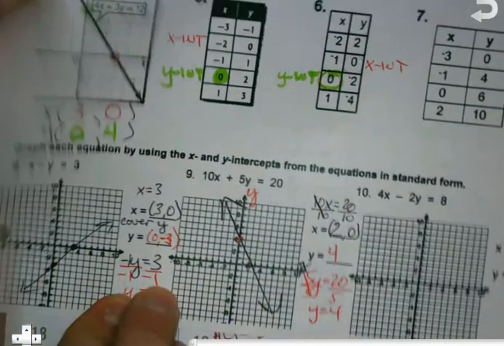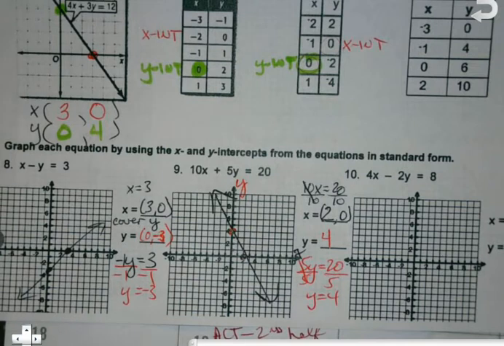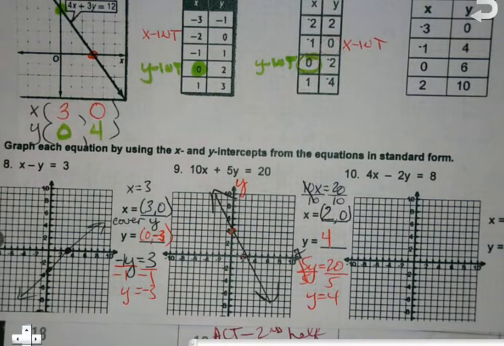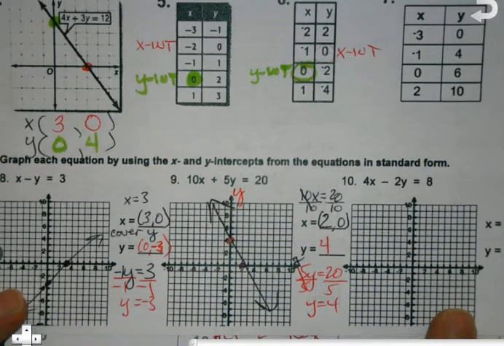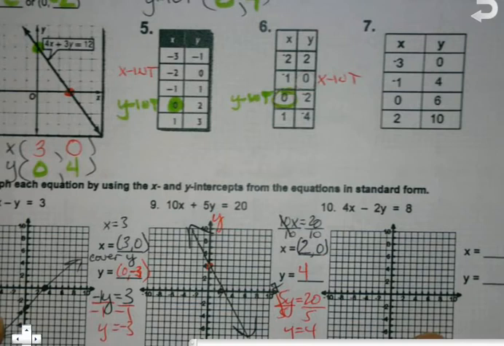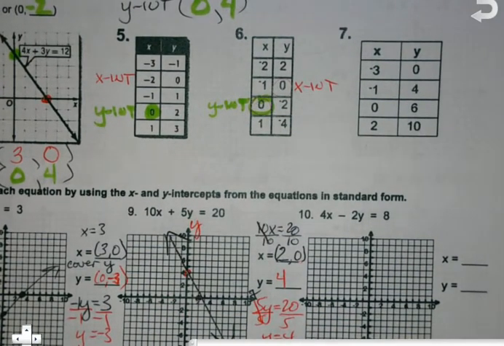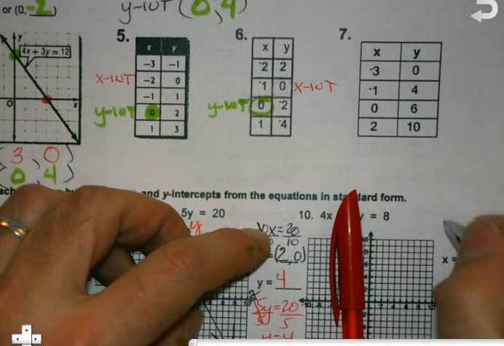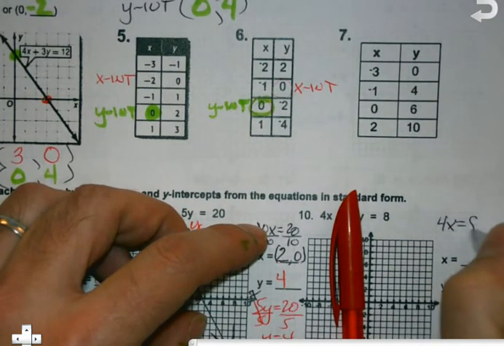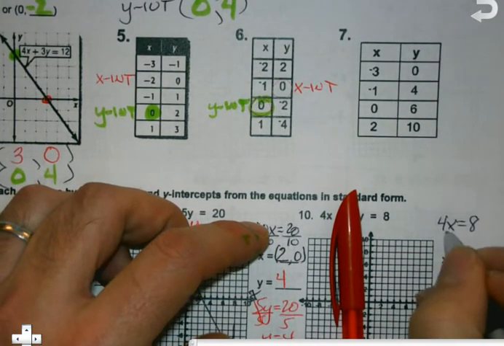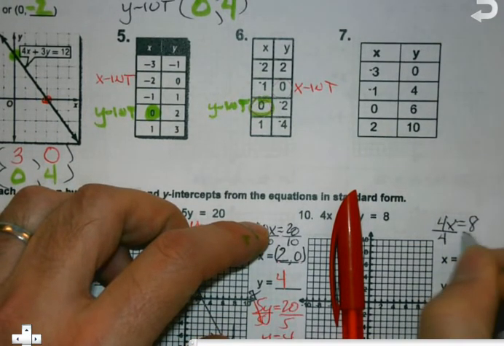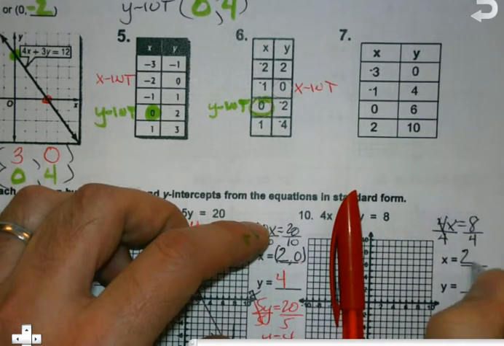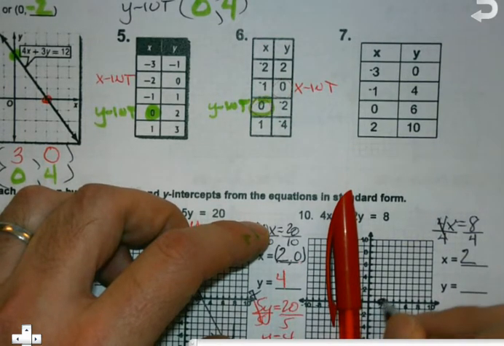Now, instead of walking you through all the rest of these in the back, I'm going to do number 10. Then I'm going to give you an option, which I think you'll like. All right, last one here on the front. Cover up y since I'm looking for x. If 4x equals 8, what's x going to be? 2. Okay, put a dot where x equals 2.